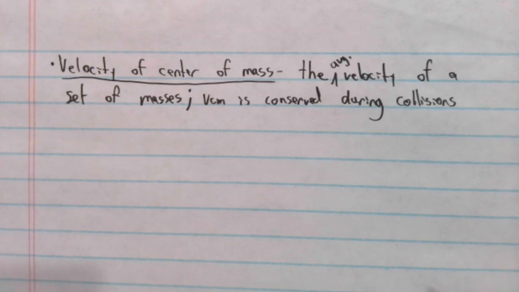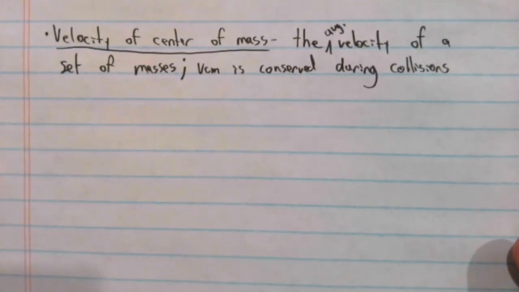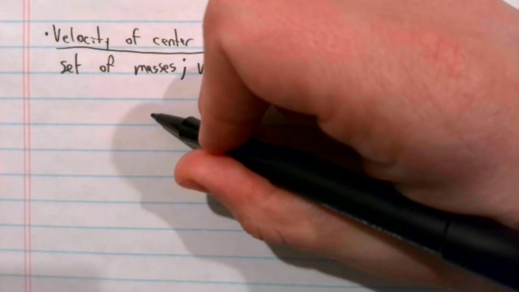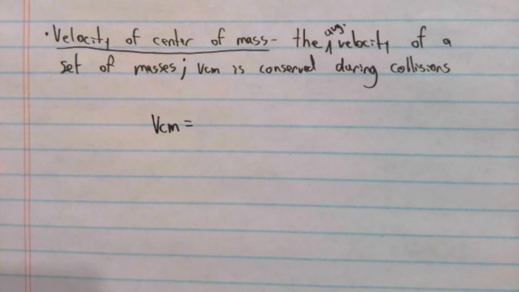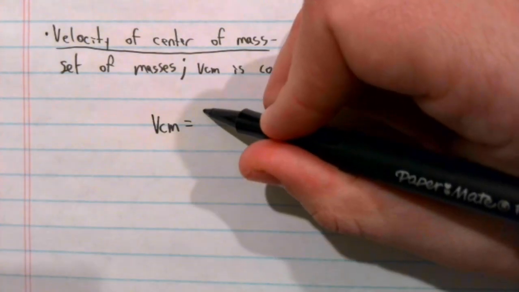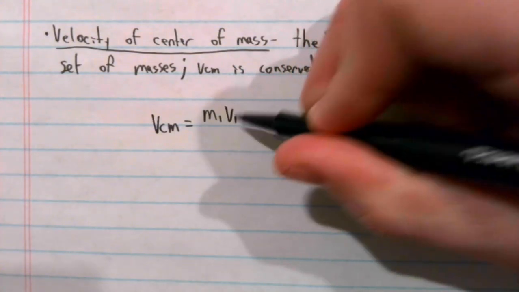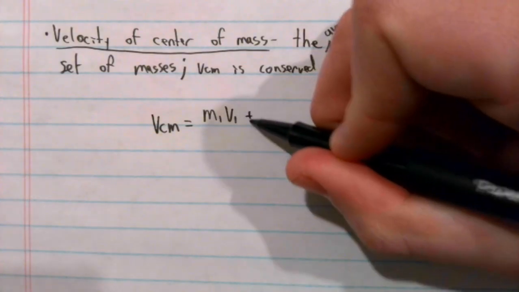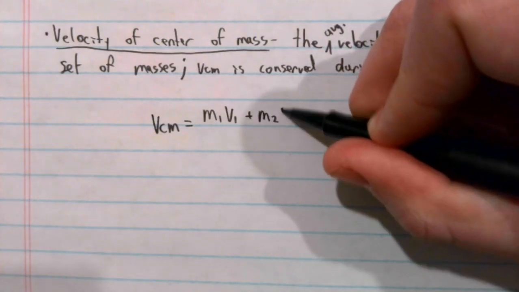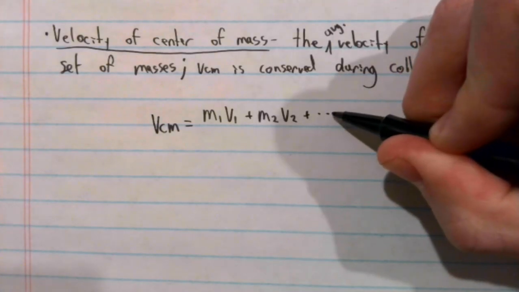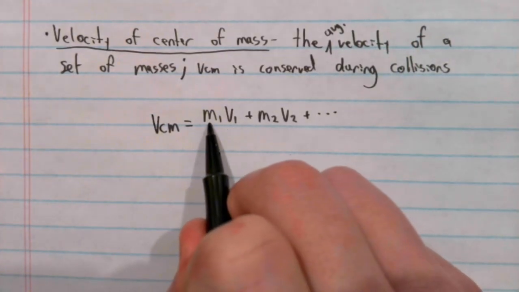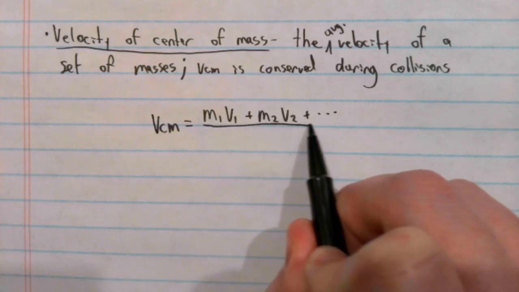The equation is going to mirror the last equation we've written. We're only going to write it in one dimension, however. VCM equals M1 V1 plus M2 V2 plus ... because there might be 2 objects, might be 3 objects, might be 4.